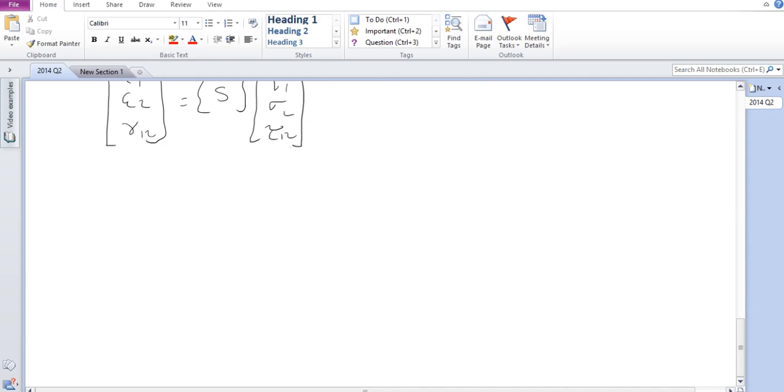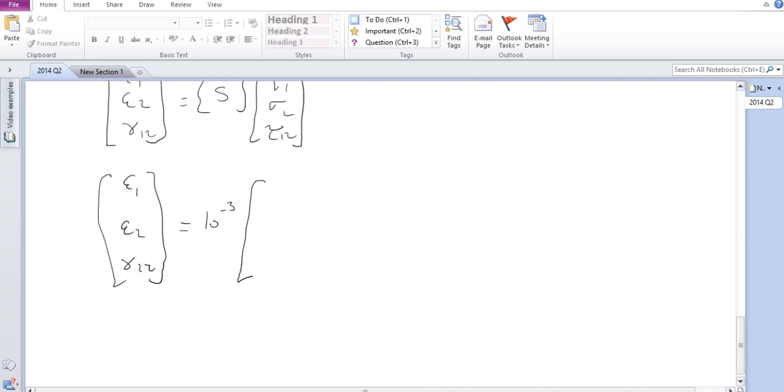So what we can do here is say that the strains in the 1 direction, the 2 direction and the shear strain are given by the S matrix, with our 10 to the minus 3 factor. We've then got the S matrix, which is 14.85, minus 4.29, 0, minus 4.29, 104.4, 0, 0, 0, and 307.